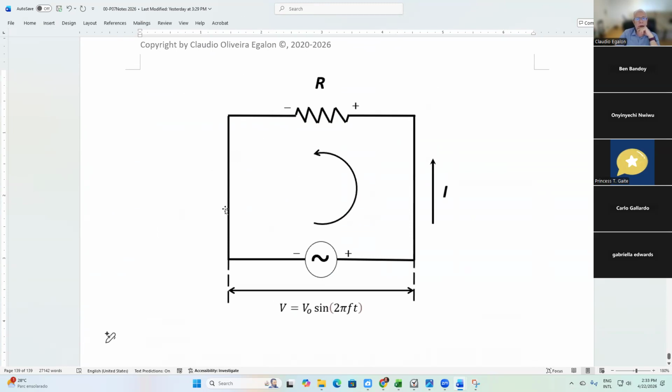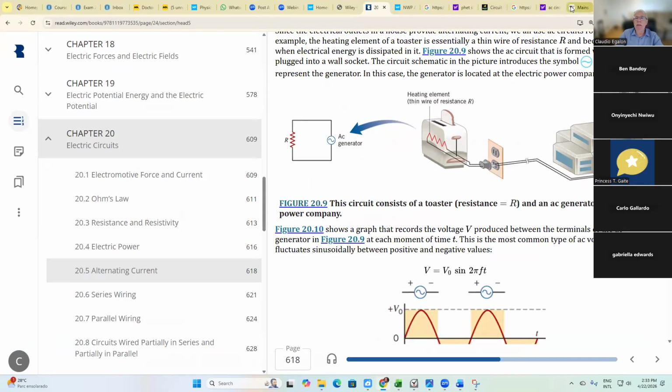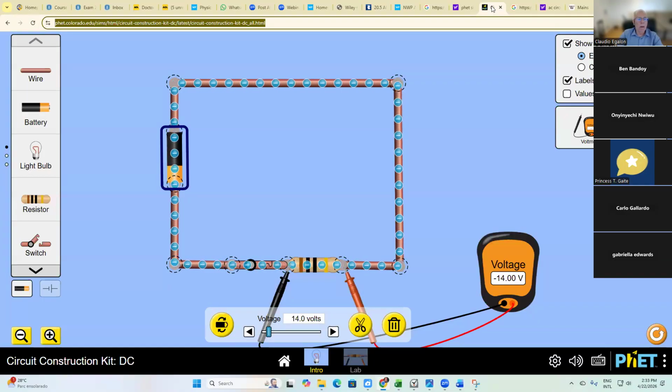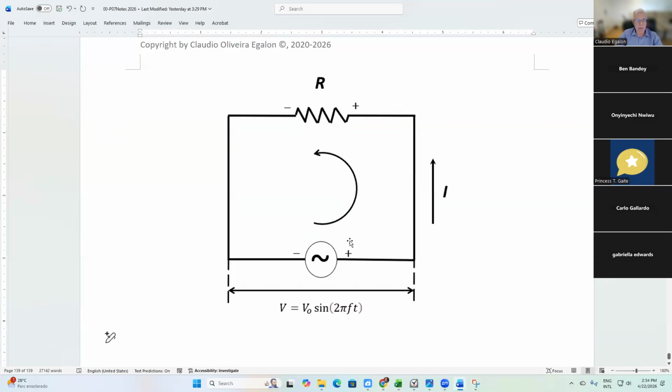Okay, the current is flowing back and forth, right? Just like in that simulation that you saw. Bouncing back and forth. Okay, this one is DC. Well, I didn't save the AC, but that's how we should represent it.